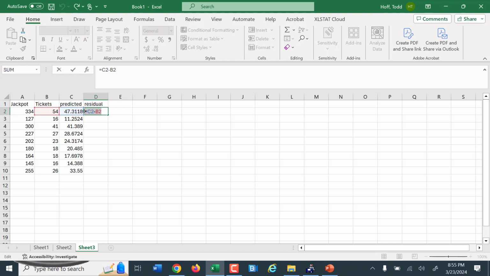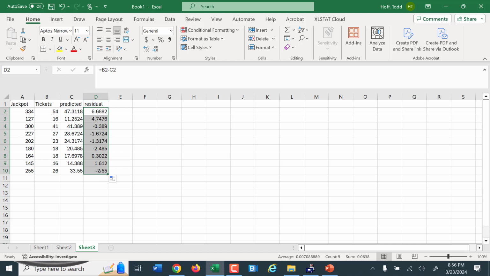I had it right the first time. It is the actual minus the predicted. So here the actual value is almost 6.69 million more than the predicted value. Down here we get that this one, the actual value is 7.55 million below the predicted value.